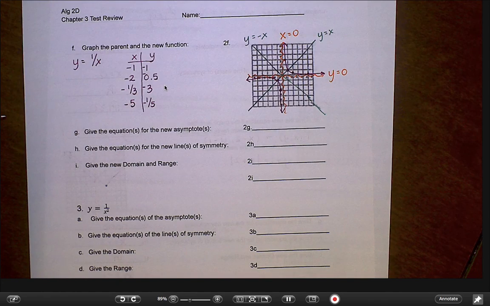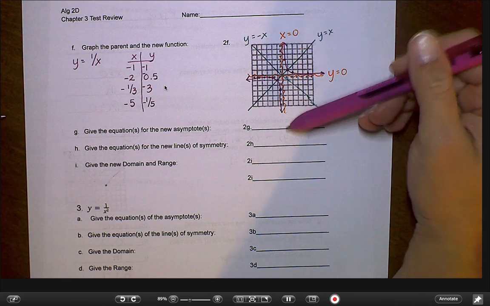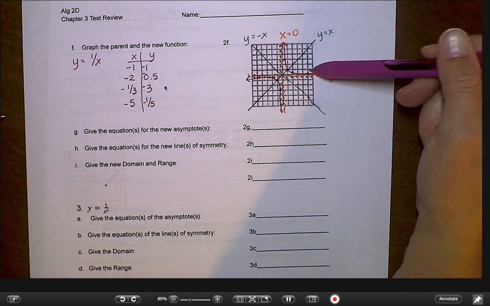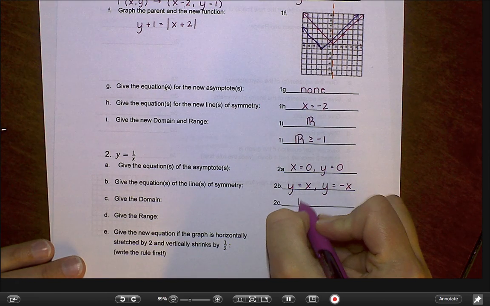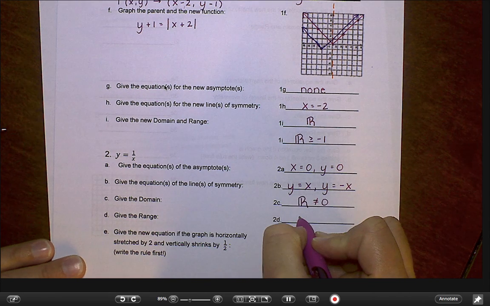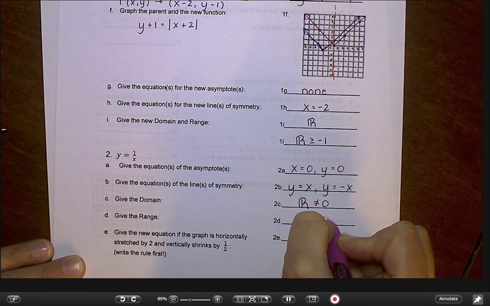So for my domain, I'm going to say all real numbers except 0. That also works for your range, because your y's go up forever and they go down forever. They just don't hit this one number in the middle, which is 0. So domain and range are both all reals except 0.